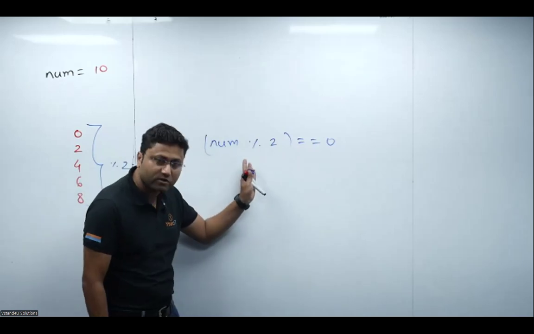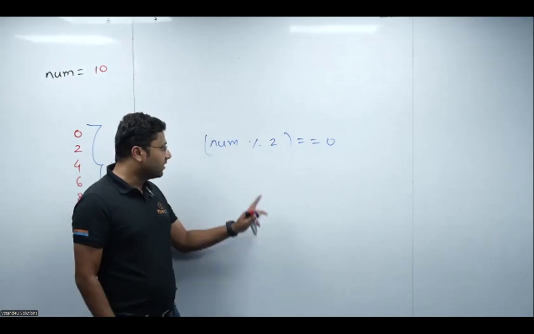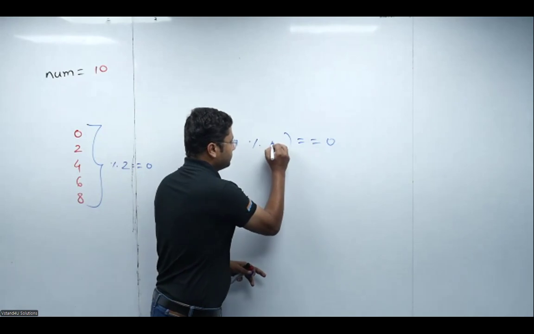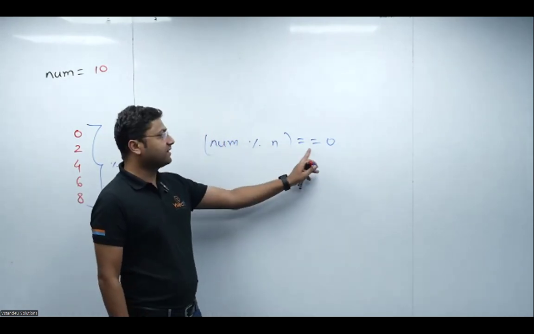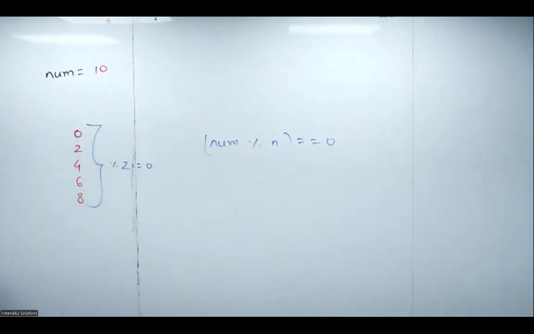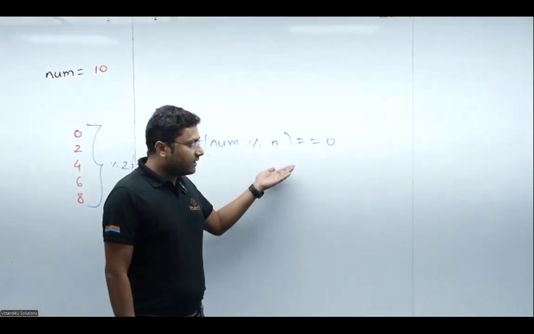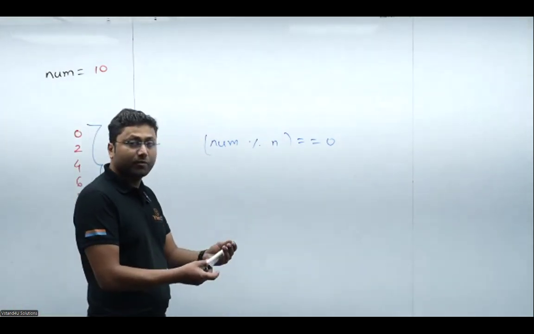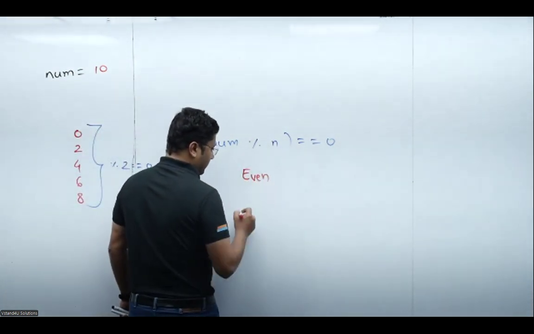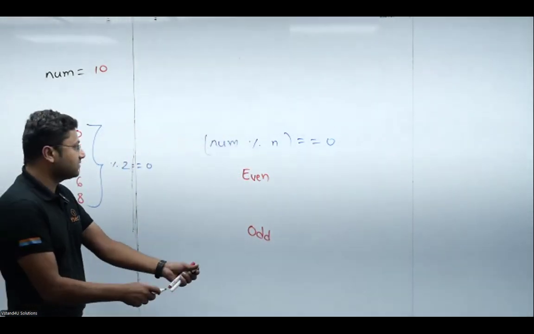This divisibility logic is applicable everywhere whenever divisibility comes. Given number n, if n modulus 2 is equal to 0, that means that number is fully divisible. If this is the case, the number is even, or else it is an odd number. So let's write the condition.